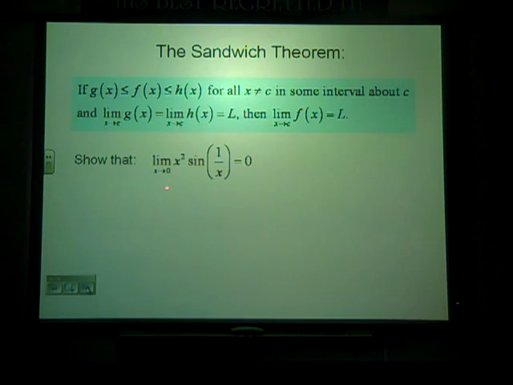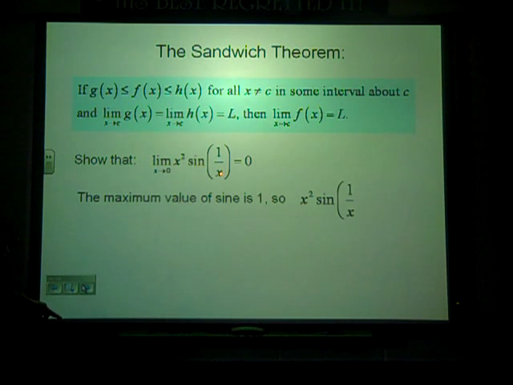We want to show that the limit as x approaches 0 of x squared times the sine of 1 over x equals 0. We can't just directly substitute. We can't have 0 in the denominator. So we know, though, that the maximum value of the sine is 1. The sine function goes between negative 1 and 1.